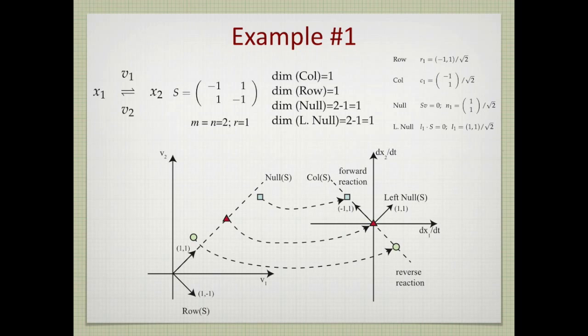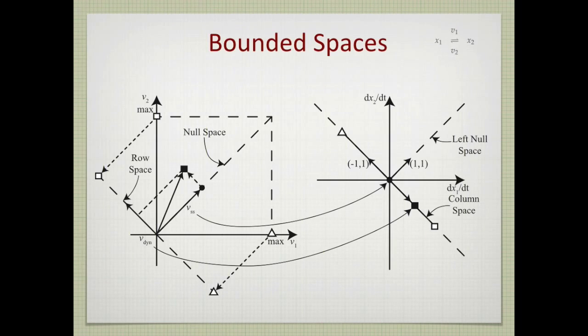Now, let me talk a little bit more about these spaces. We talked about the fact earlier that the elementary fluxes are non-negative. They can't be negative. They can only be 0 or positive because they're elementary reactions. They will also have a Vmax. They can only proceed at a certain maximum rate.